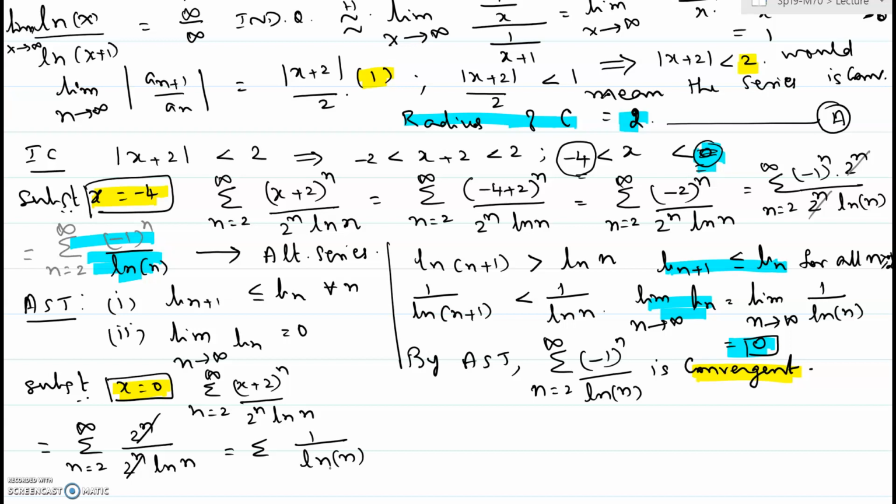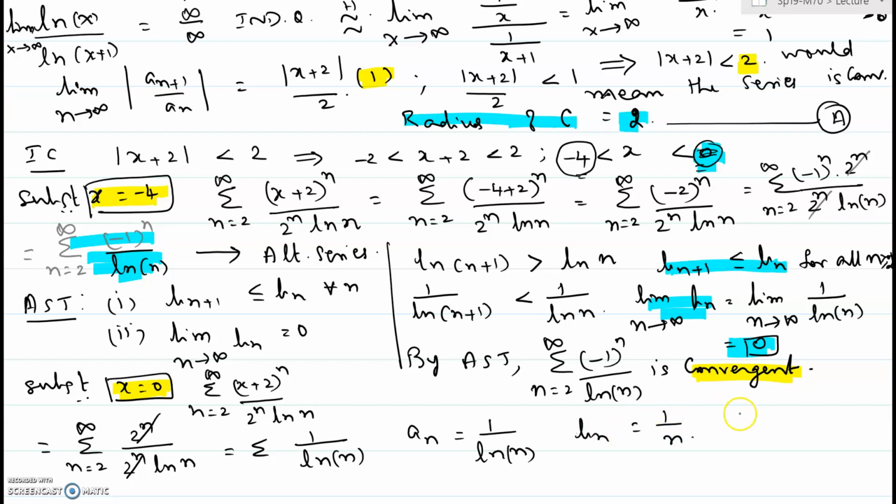So we are going to show that this one is divergent. We are going to use the comparison test. Let's take a sub n to be equal to 1 over ln n and then b sub n to be equal to 1 over n.